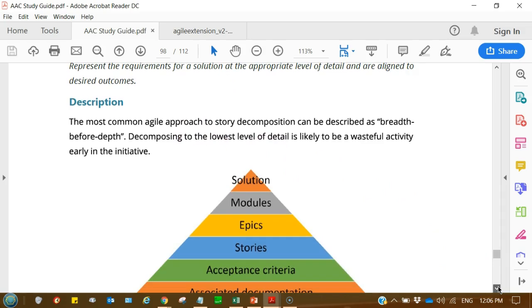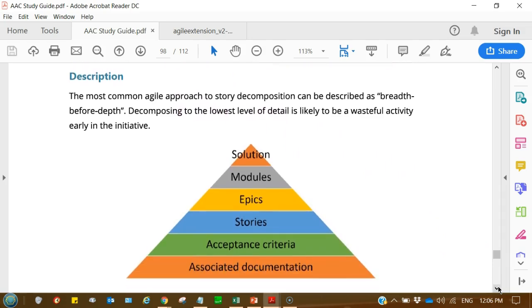The idea would be that in terms of developing a backlog, you want to be keeping at the appropriate level of detail. At the initiative horizon, you want to be focusing more on epics, identifying the epics, the high level functionality, the high level components that you are going to have to deliver.